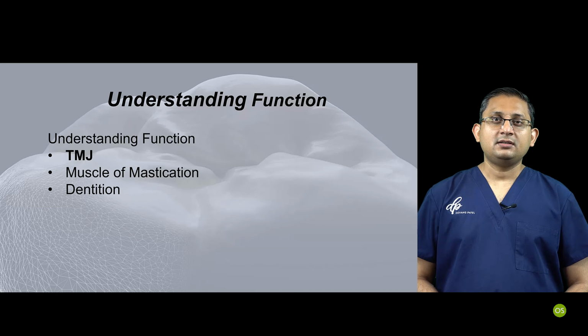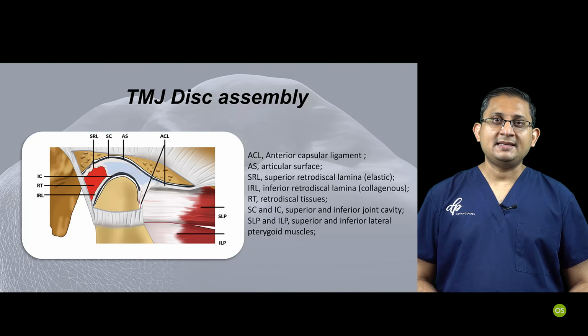So let's look first at the temporomandibular joint and its anatomy. As you can see in this photo, you have the anterior capsular ligament which surrounds the temporomandibular joint. You have the articular surface which is provided by the bone.